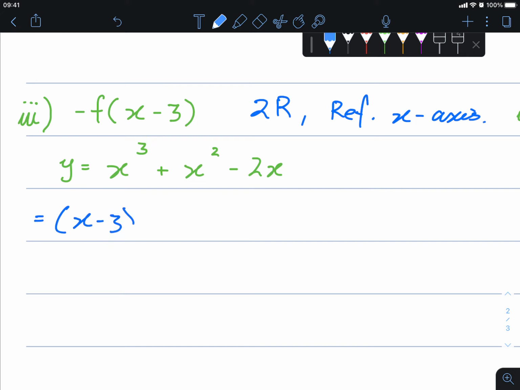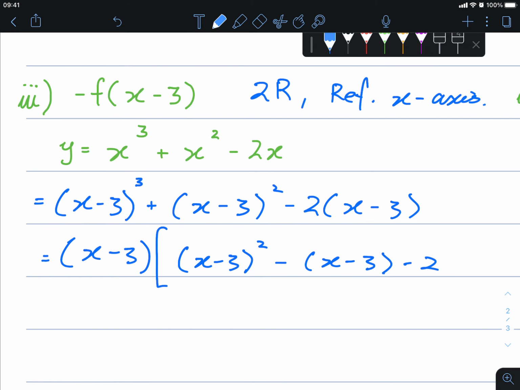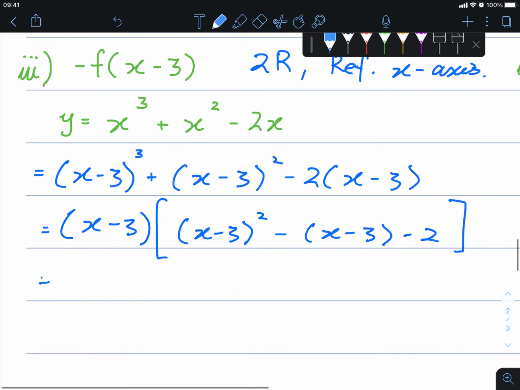x minus 3 cubed plus x minus 3 squared minus 2 times x minus 3. Let's see if we can't factorize this in any way. x minus 3, all outside of x minus 3 squared plus x minus 3 minus 2.